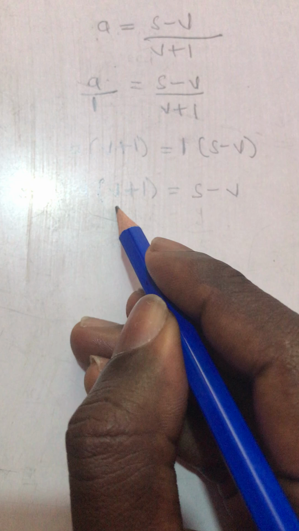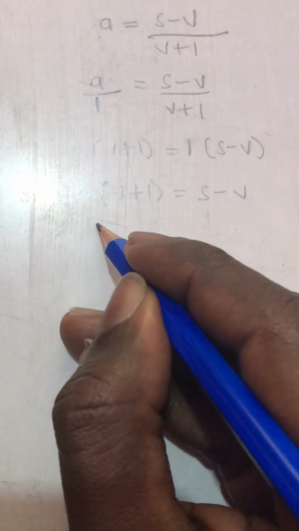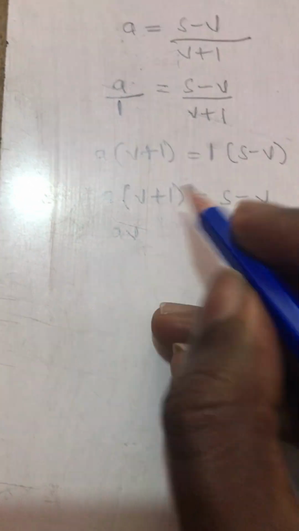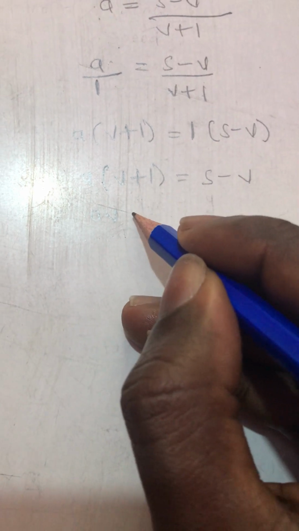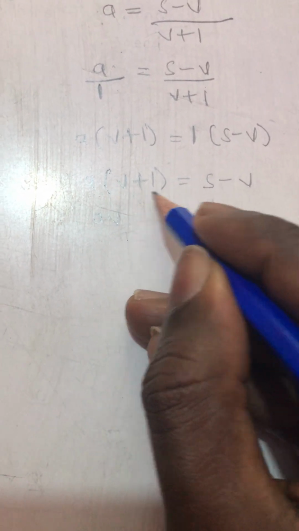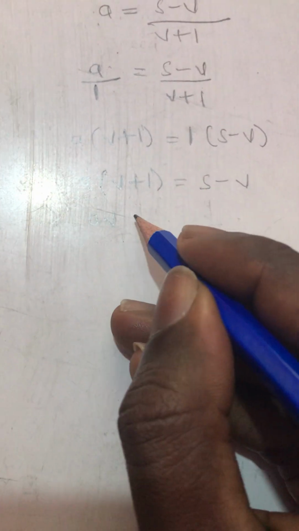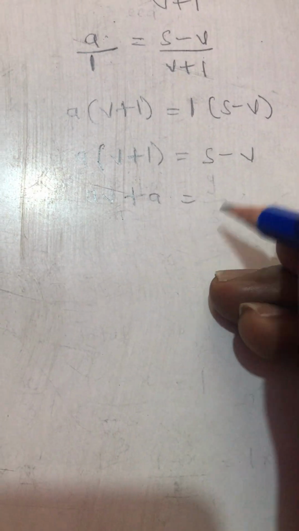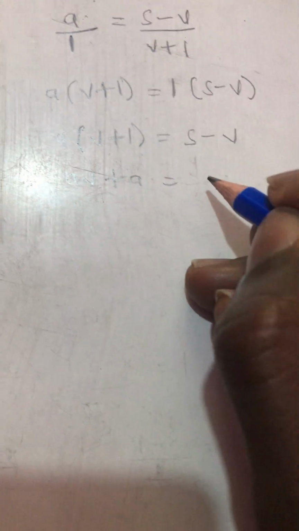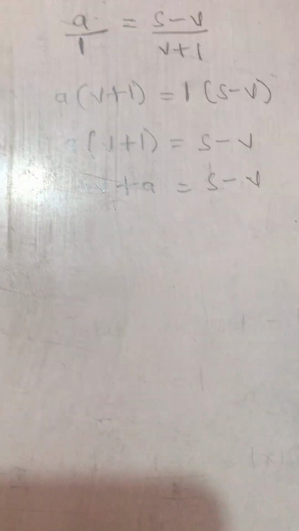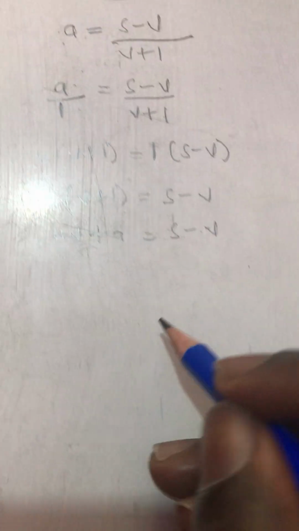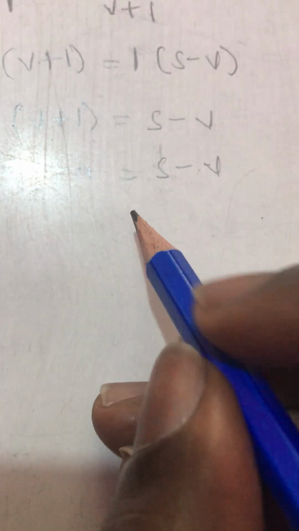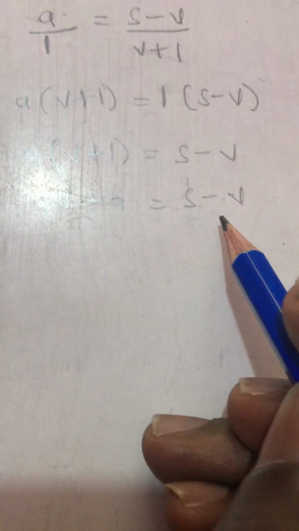So a multiplying v will give you av, and a multiplying positive 1 here will give you positive a, equals s minus v, right? And here they are asking us to make v the subject of the relation.